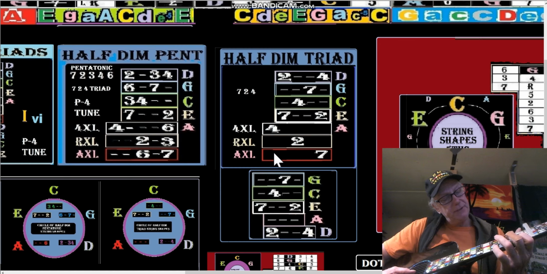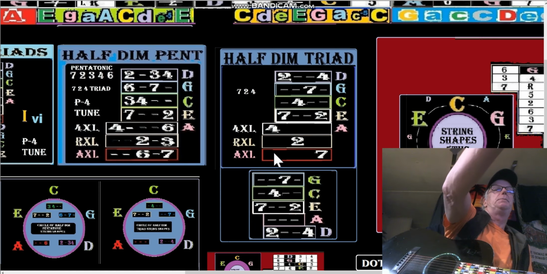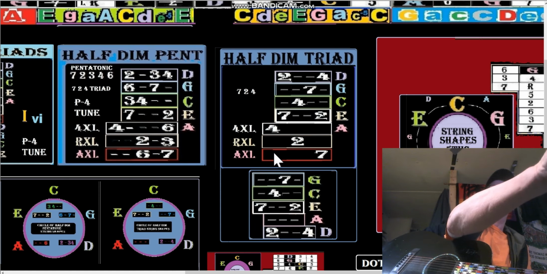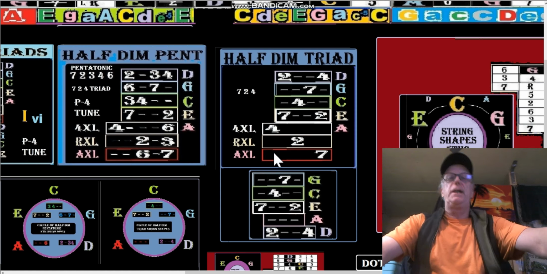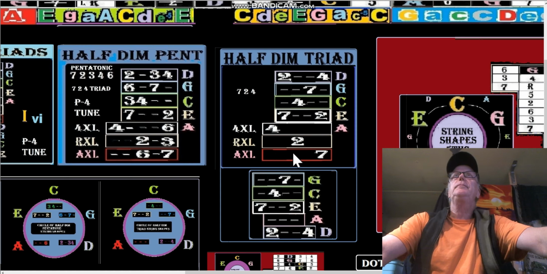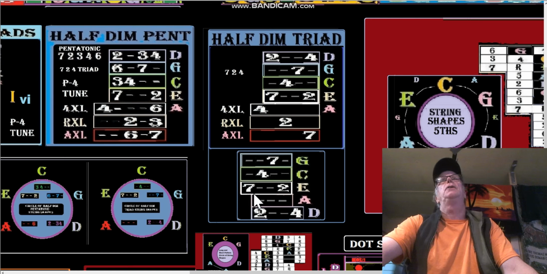But if we're looking at that 6 as a third, we're going to be substituting the tritone there, which is the B. So the B is actually the augmented fourth, or the tritone of the parent of the second minor. If you got that, you get an A in the course. So that's half diminished triad. Again, just follow the numbers. There's nothing in A if we're not playing that seventh.